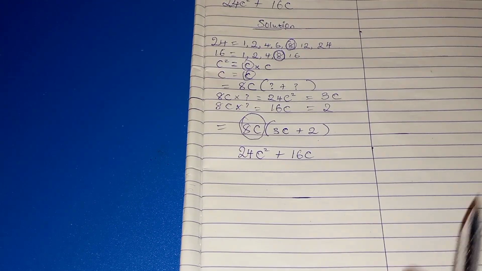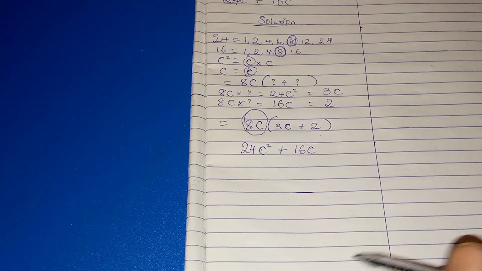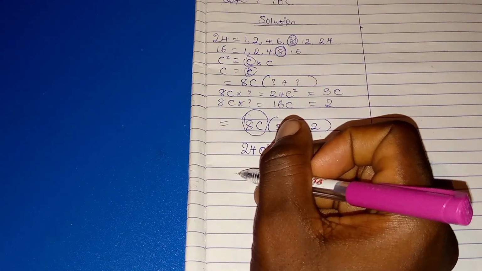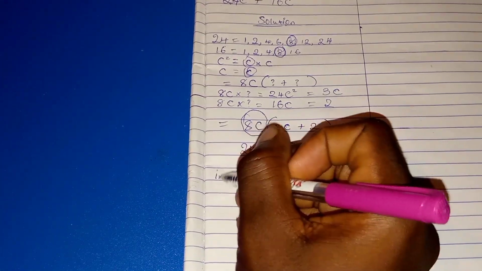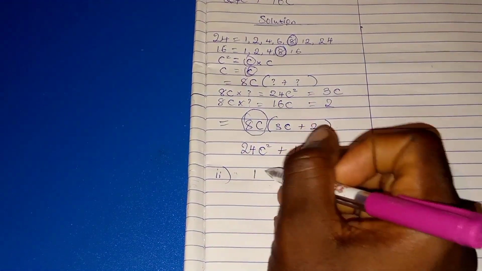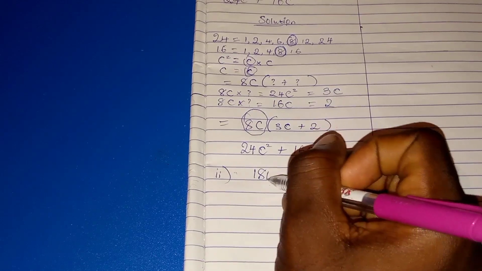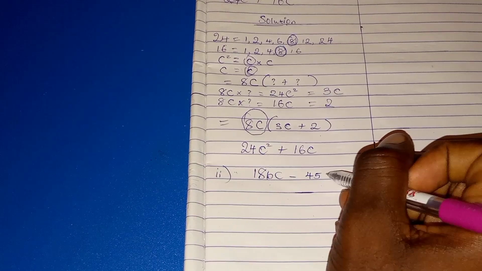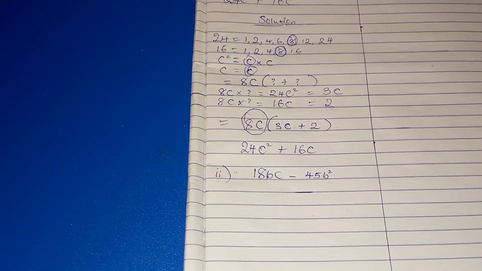Seems interesting. Let's look into another expression that has two alphabets. Let's put this as number 2. We have 18BC minus 45B squared. We are to factorize this given expression too.